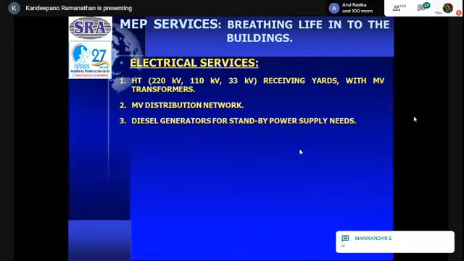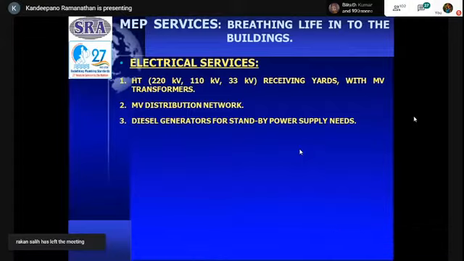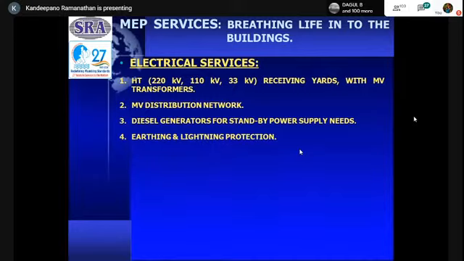Maybe we don't provide that, but in a little bit upper end apartments, they provide DG sets for the apartments also. But in industries, they always provide DG sets because they can't afford to lose production and turnover. Then earthing and lightning protection is a very important aspect of electrical engineering services.